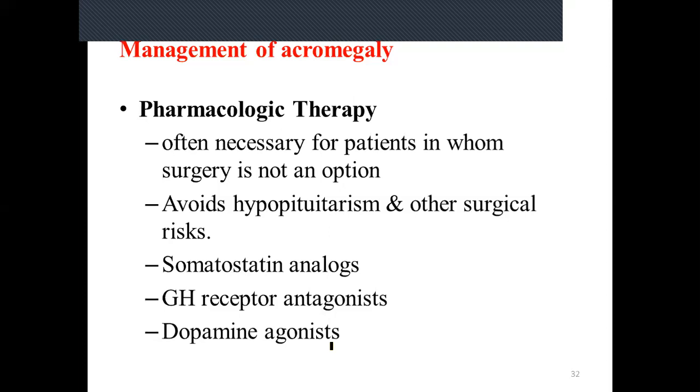So pharmacological therapy is usually done when surgery is not an option. When surgery is not an option, we have to use what? Pharmacological therapy. So this avoids the risk of permanent hypopituitarism and other risks like meningitis, etc. What we have seen before.